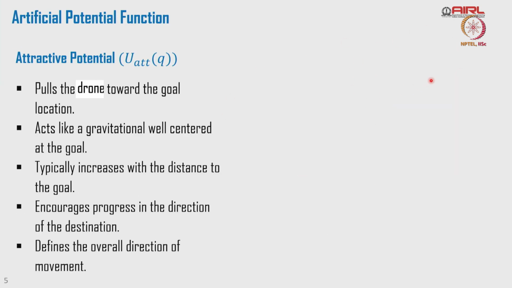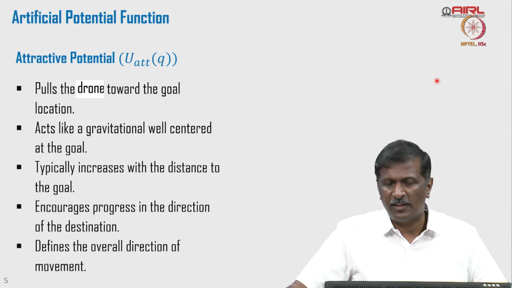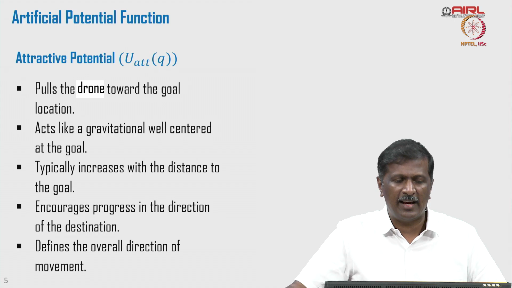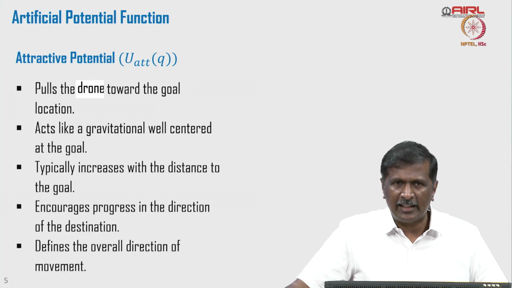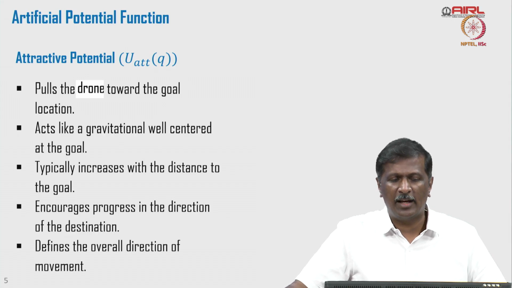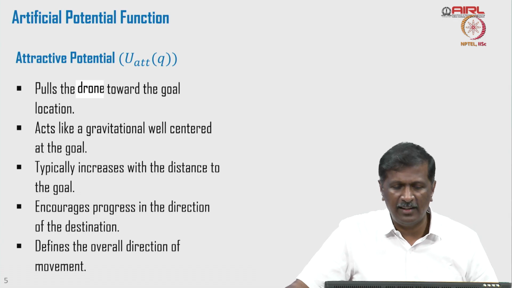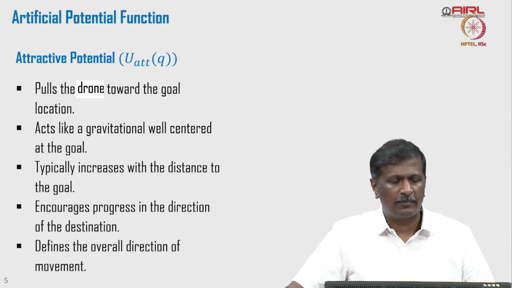Now the artificial potential function. Let's define them mathematically to understand. The attractive potential, I call it U attractive. It pulls the drone towards the goal location. It acts like a gravitational well centered at the goal.